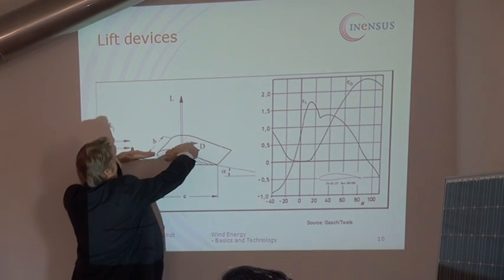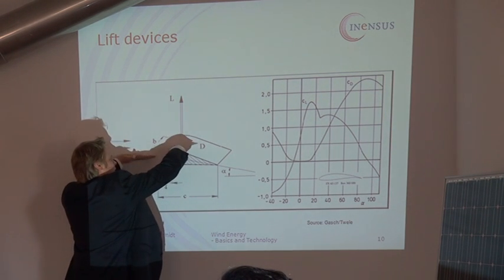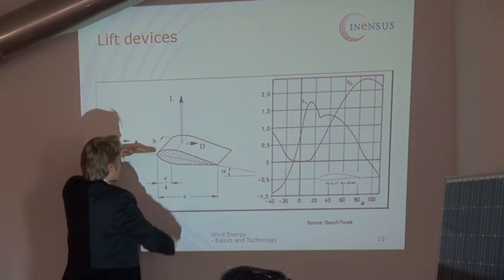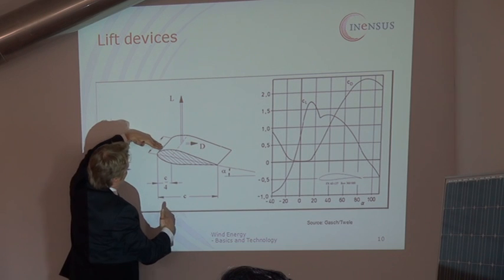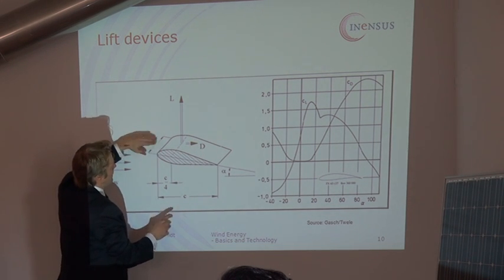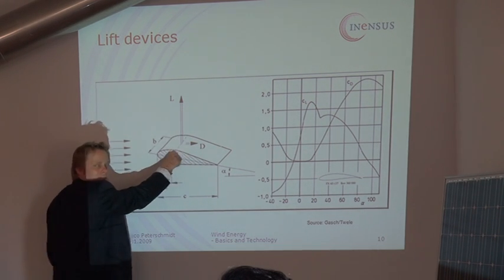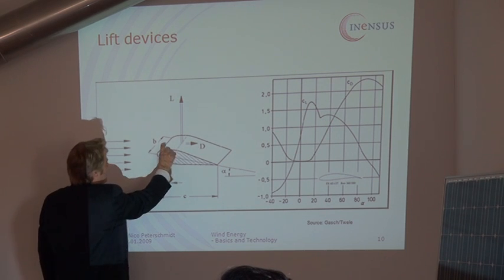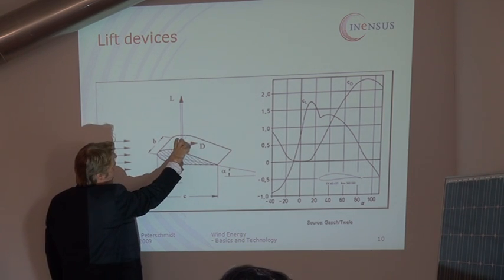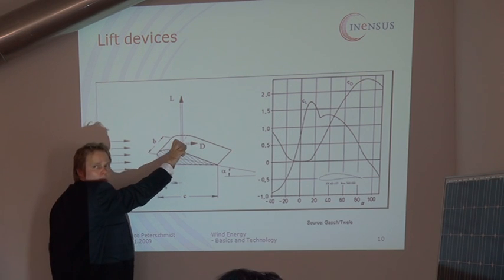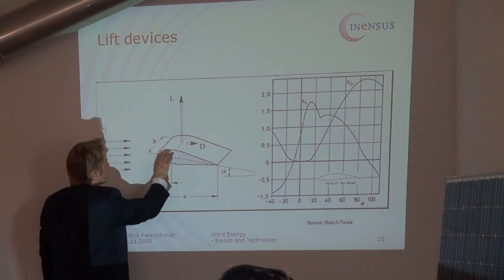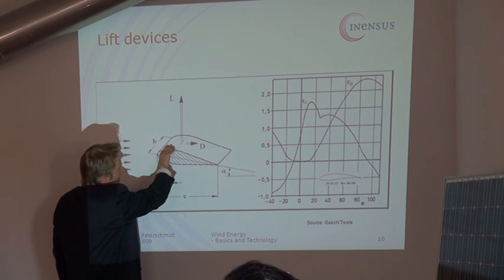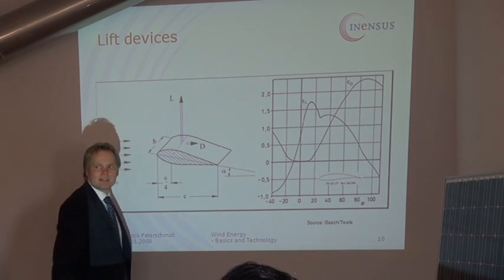If the angle is too flat, the air comes from here, then the lift force is very low, because the pressure above and below the blade are very similar, because the speed around the blade is approximately the same.